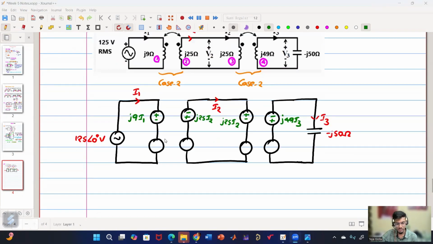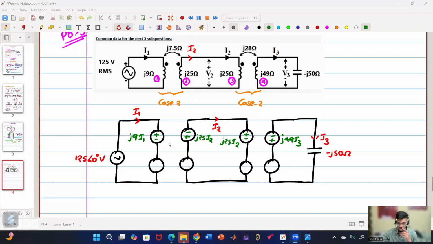For this term, on coil 1, what will be the voltage polarity because of the mutual inductance? Will plus be on the top or bottom? Bottom, because it will be opposite. Plus is top there, so plus is bottom here. And what will be the value? j7.5 I2.